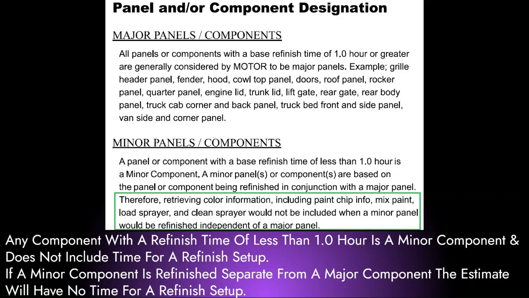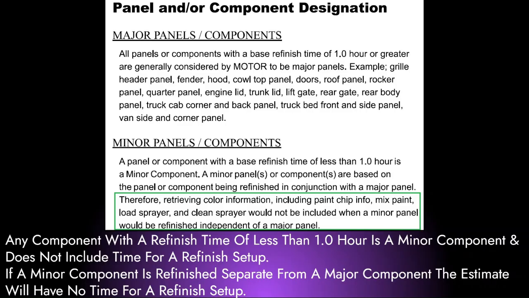And one last thing we could look at here is the difference between a major and a minor panel and how that affects refinish time. A minor panel is anything with a refinish time less than an hour, and those minor panel components do not include time to retrieve color information, including the paint chip info, mixing the paint, loading the sprayer, cleaning the sprayer.